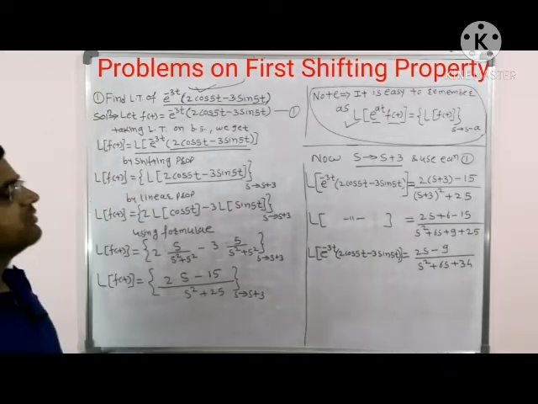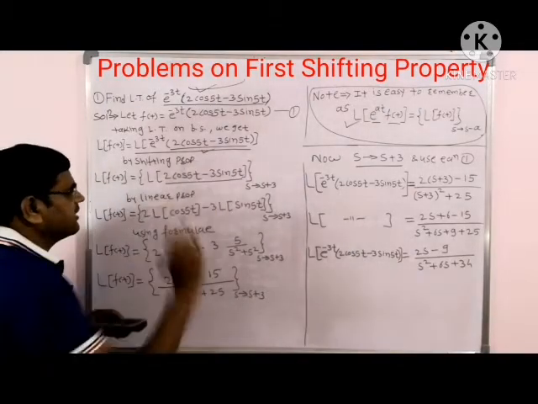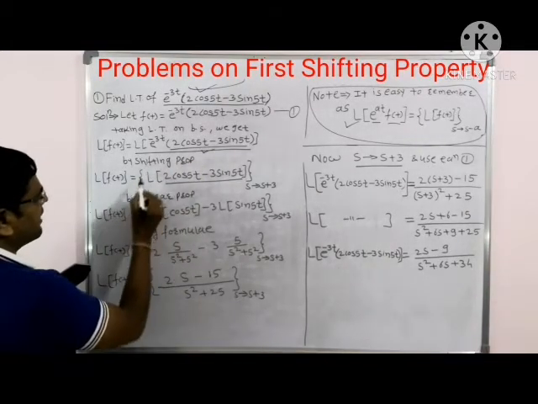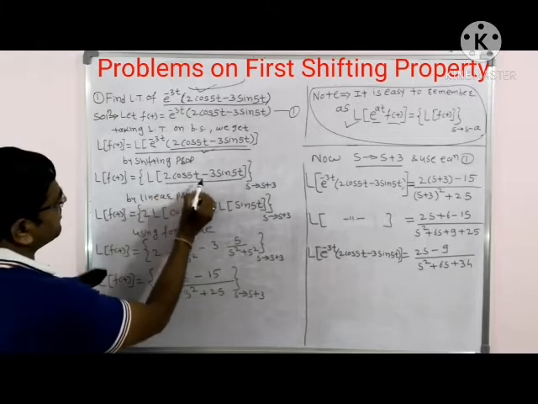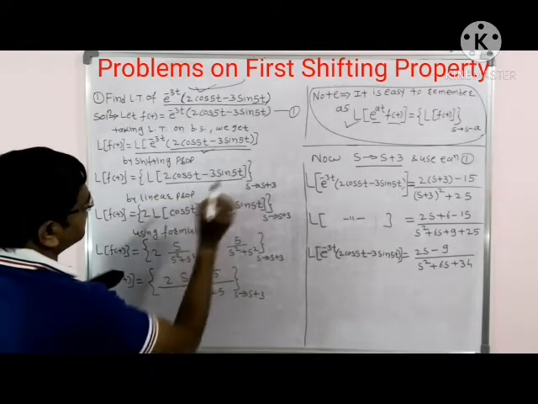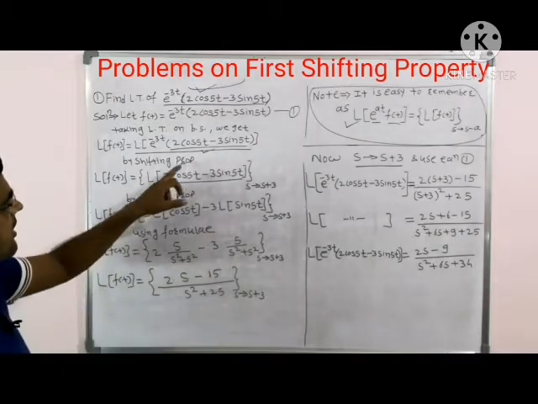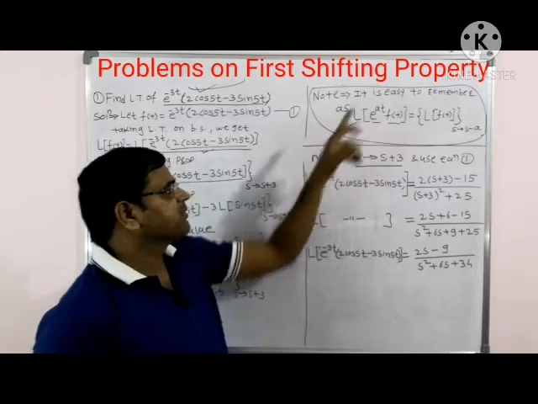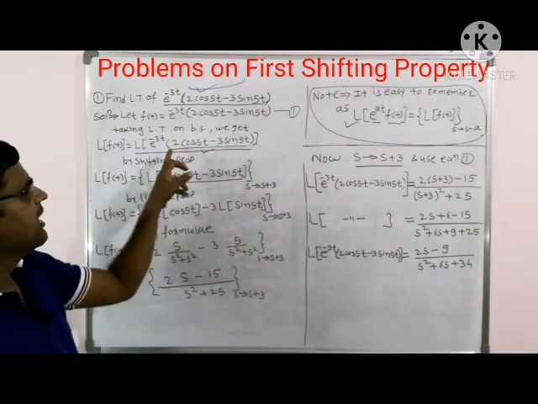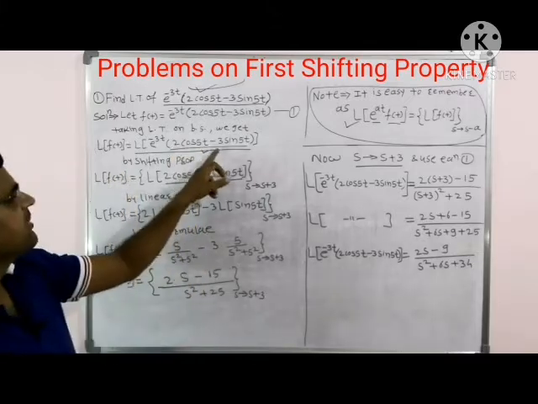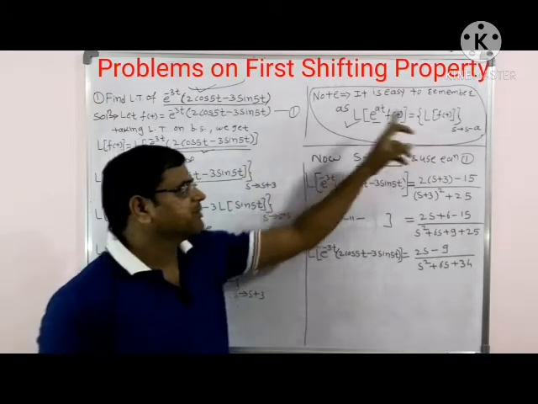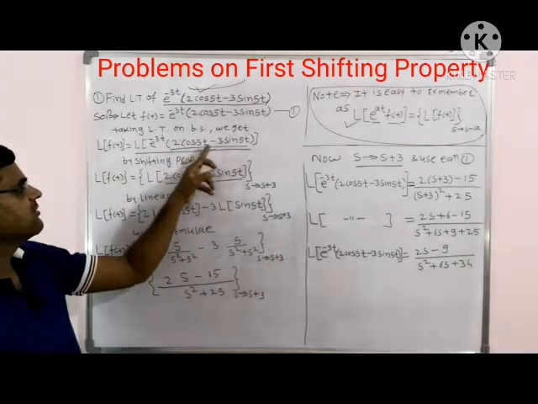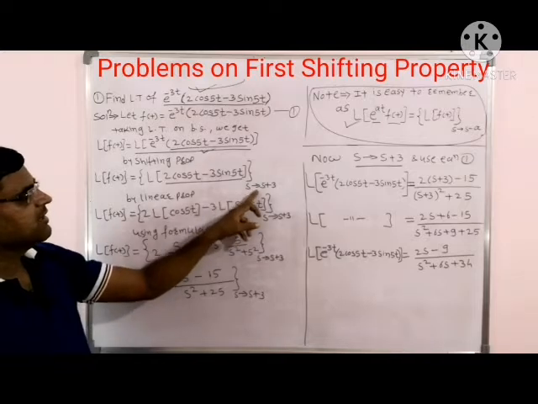Now we will use the shifting property for this term. By using the shifting property, this can be written as L{2 cos 5t − 3 sin 5t} with s replaced by s + 3. By the shifting property, L{e^(at) f(t)}: here e^(at) means e^(−3t), and f(t) is 2 cos 5t − 3 sin 5t. So this can be written as L of f(t), that is 2 cos 5t − 3 sin 5t, with s replaced by s + 3.